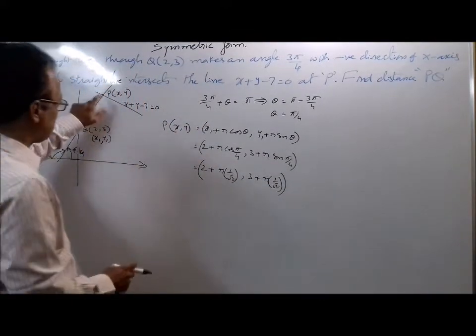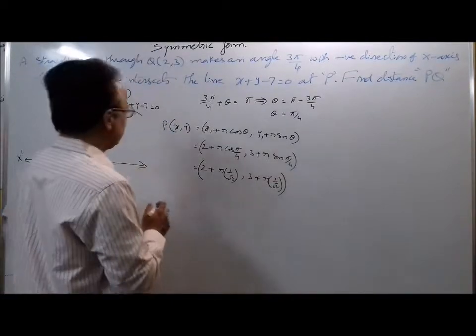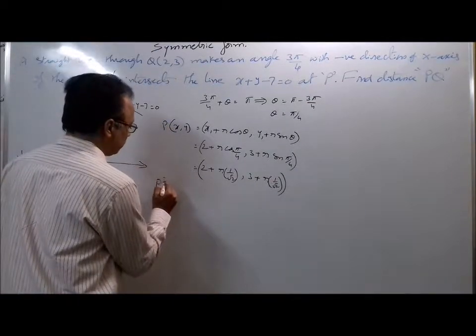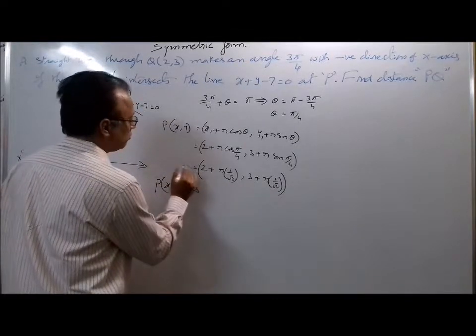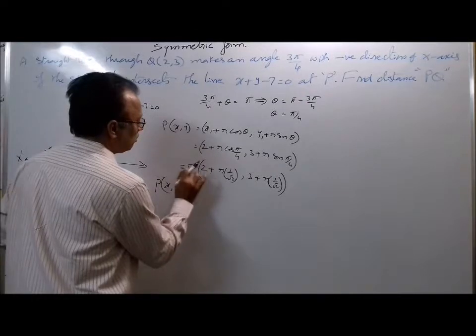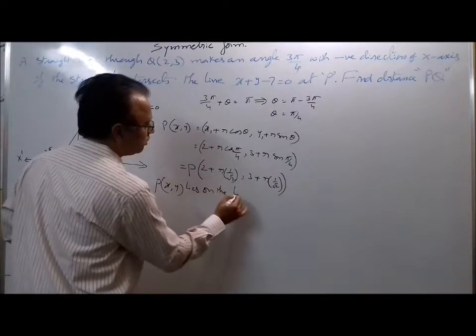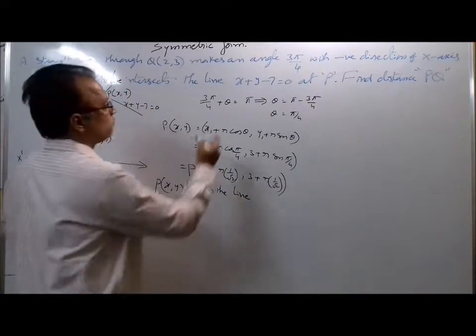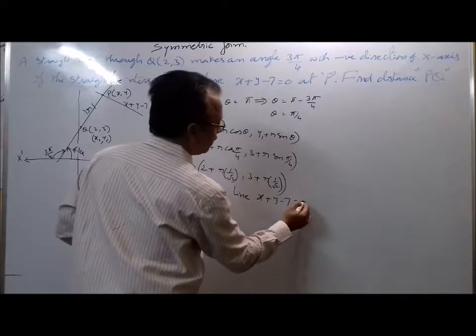This P (x, y) lies on the line x plus y minus 7 equal to 0. So P (x, y) lies on the line, what line? x plus y minus 7 equal to 0.